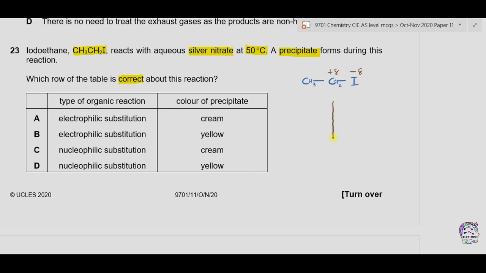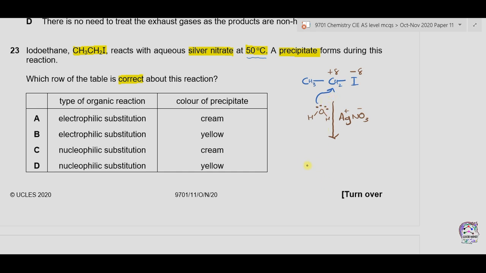Now this is going to react with silver nitrate, aqueous. It means we have silver nitrate present in the form of ions and we also have water present. As the temperature is 50 degrees centigrade, water will act as a nucleophile and OH will attach itself with the partial positive carbon atom.